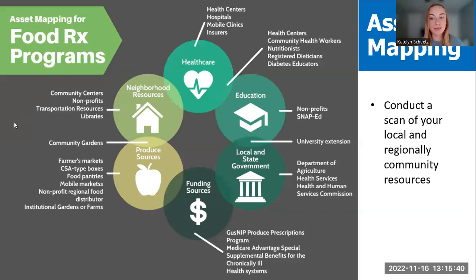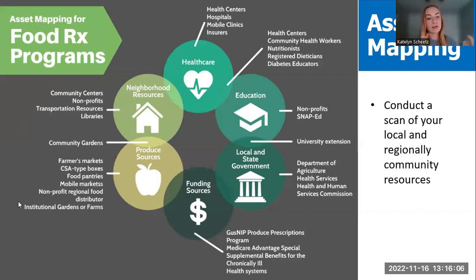And you can use this example asset map that we've created if you need ideas of where to look. In the guide, there is also a blank version of this asset map. So you're actually able to get together with your team at your health center and identify what are resources that you know of in your community. Let's fill them in.